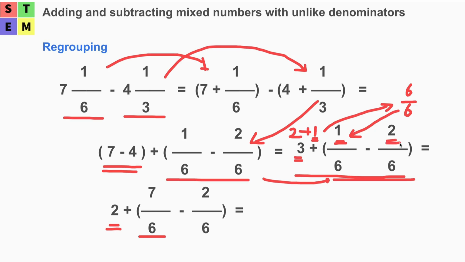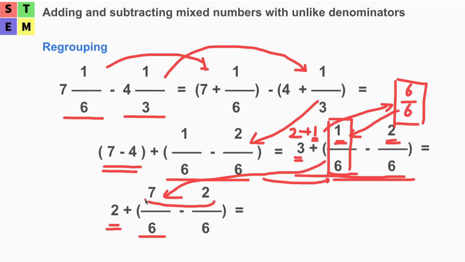Okay, makes sense? So once I add this number and this number together, 6 over 6 plus 1 over 6, I got 7 over 6, right? And then I can use the 7 over 6 minus 2 over 6, and I will have a positive number there, right? 7 minus 2 there, okay? And because the 1 is being transferred to 6 over 6, I have 2 left, right? So that's why it's 2 here.